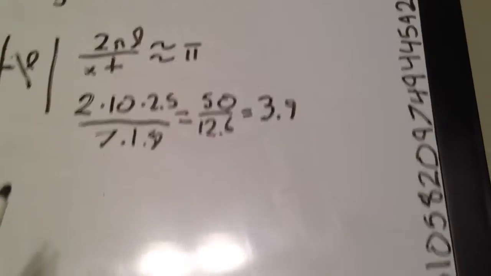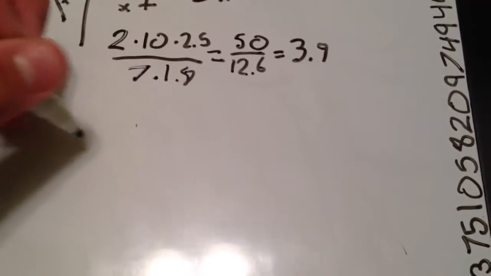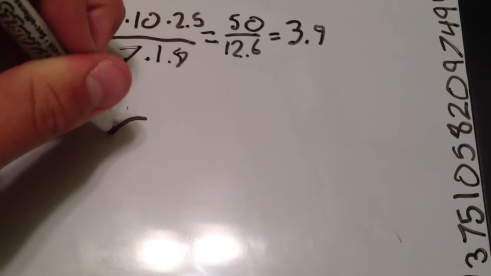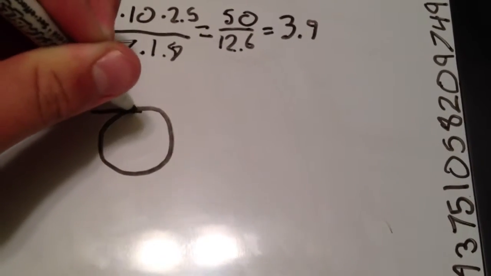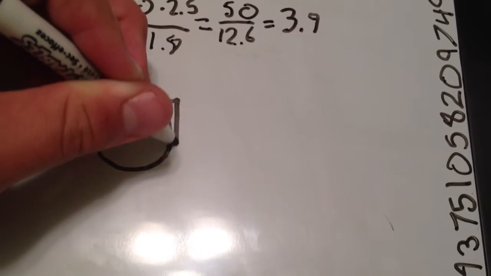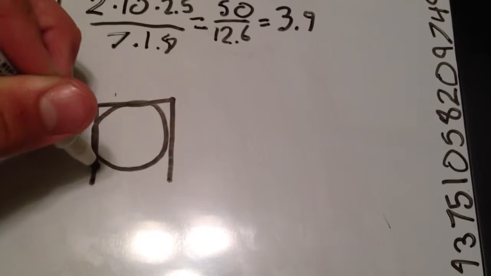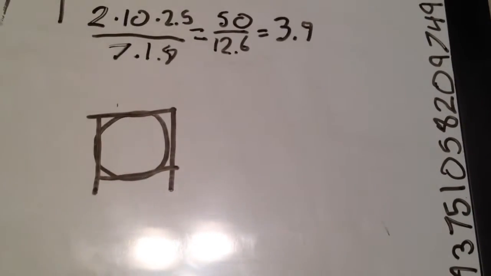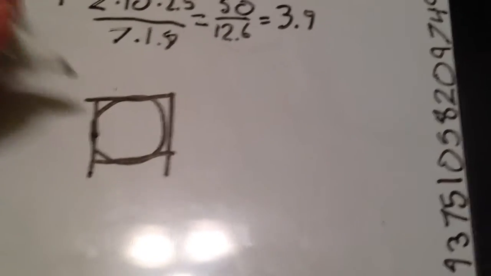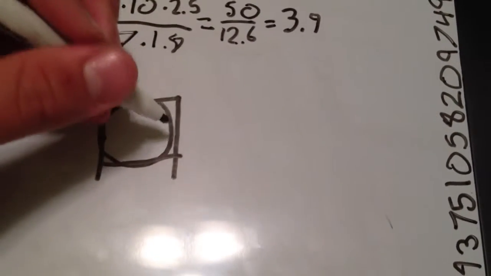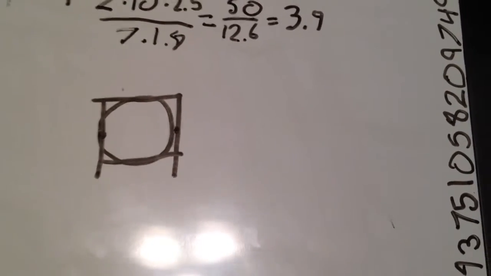Now, another method for discovering pi is using what's called a Monte Carlo system. A Monte Carlo system pretty much says if you had a circle neatly fit into a square where all the edges of the square are tangent to the circle, meaning they touch at just one point and then they continue off without touching anywhere else on that circle, then you can actually find what pi is equal to.